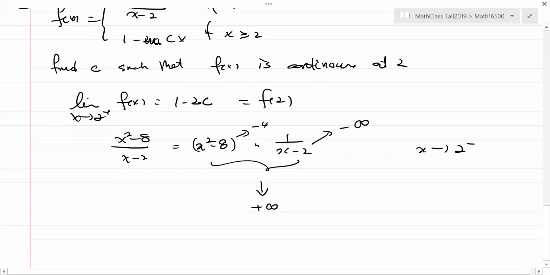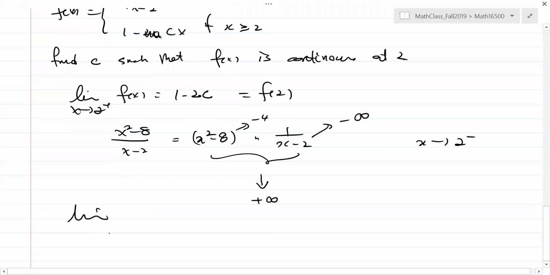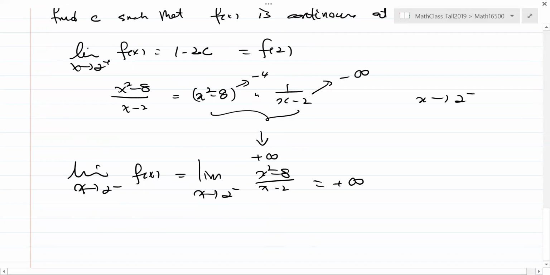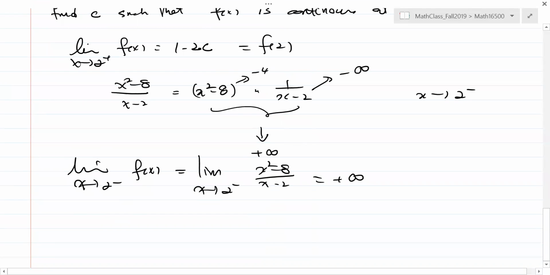So my answer here is when x approaches from the left hand side, you have to use that piece. So the answer is positive infinity. All right. So that means the limit does not exist, no matter what value of c you choose.